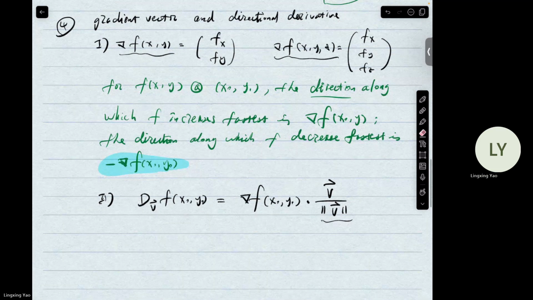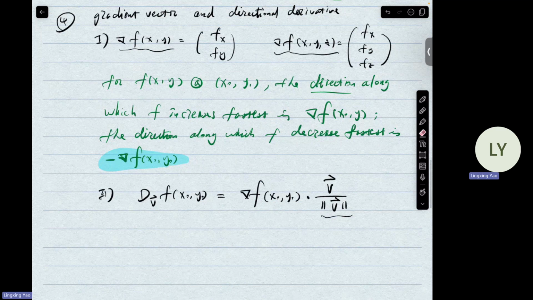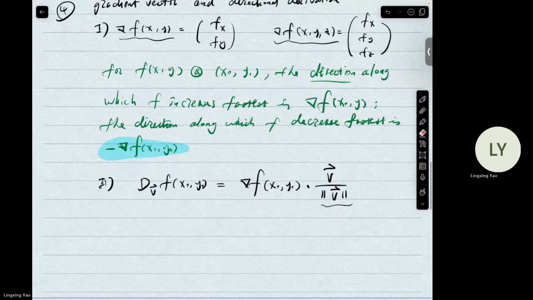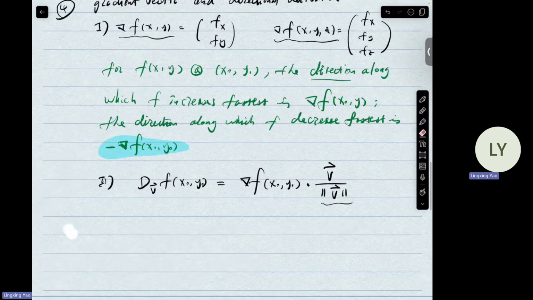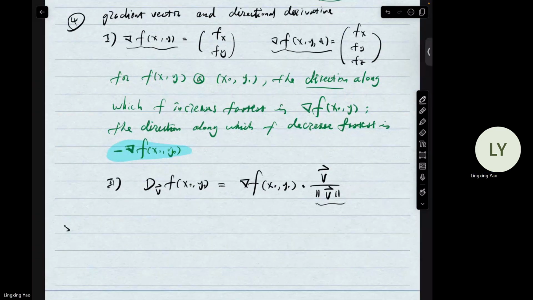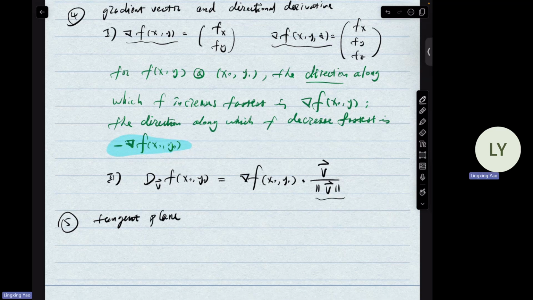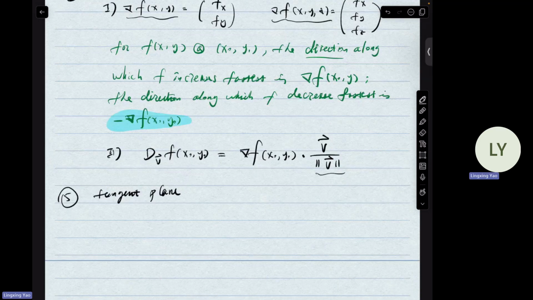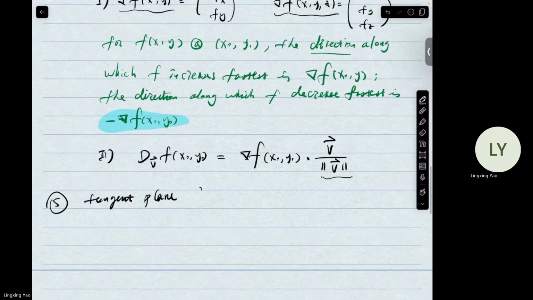Okay, so now what? Now we want to discuss other topics, which is tangent plane. Okay, so how do we construct the tangent plane for two things?